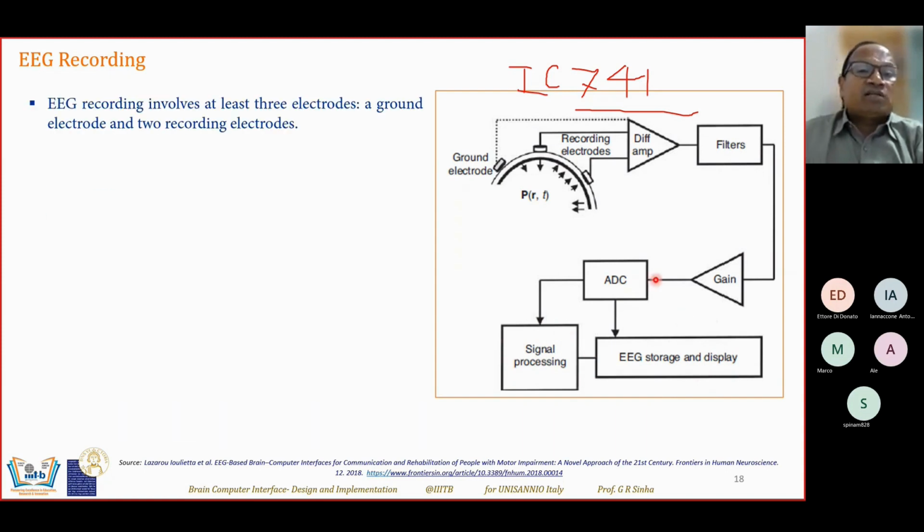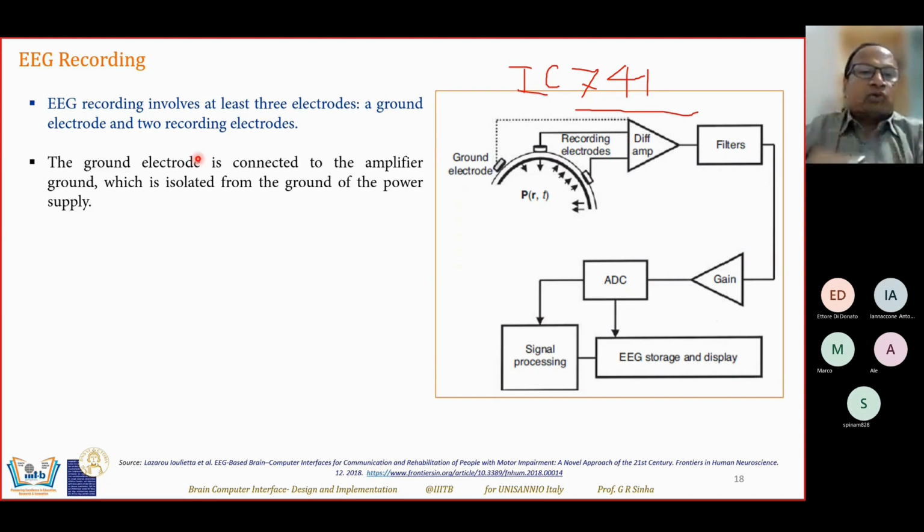So each recording involves 3 electrodes. I have already explained: ground electrode and 2 recording electrodes. The ground electrode is connected to the amplifier ground. If you see the IC741, there will always be a ground terminal here. So in all the amplifiers, there will be a requirement of grounding. So the ground electrode is connected to the ground of the amplifier, which is isolated from the ground of the power supply.